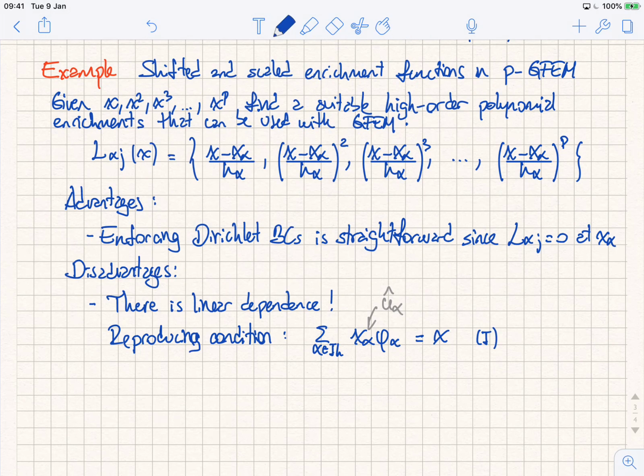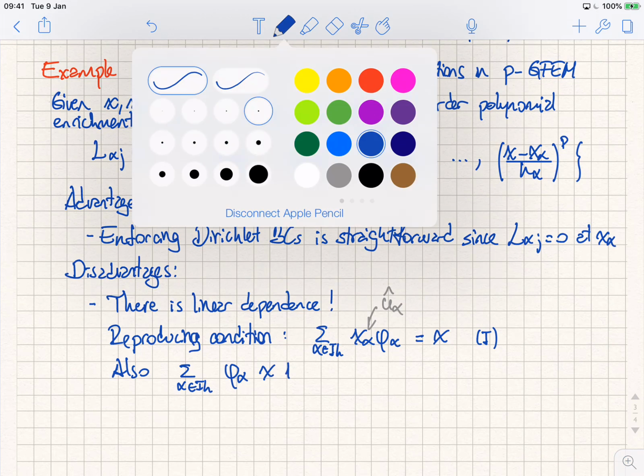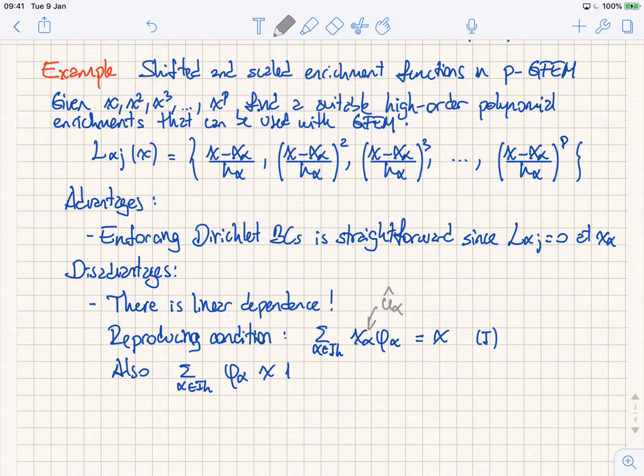Now, if you take the generalized term, the second term of the approximation, then you have phi alpha, remember? And then I have x, multiplied by 1. So I am choosing this guy here as my enriched degree of freedom, which I call u tilde alpha 1.